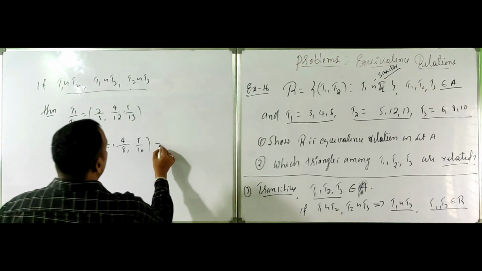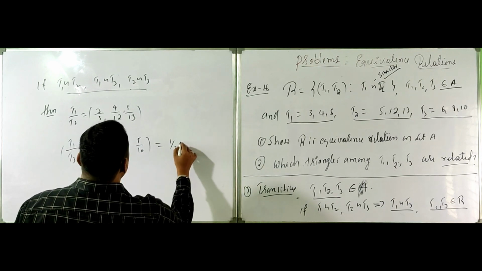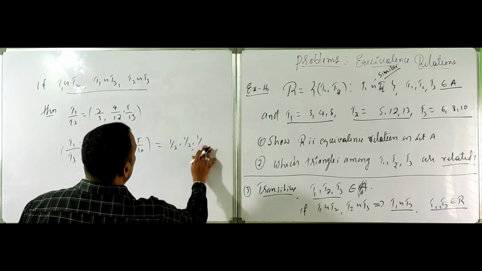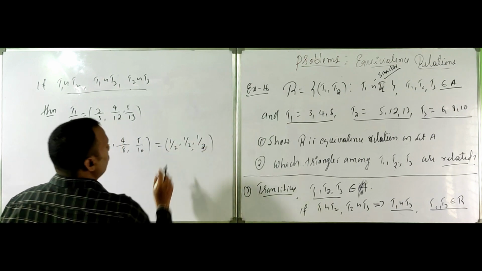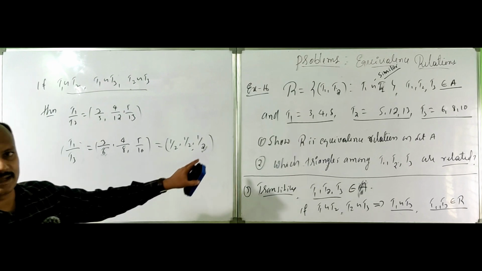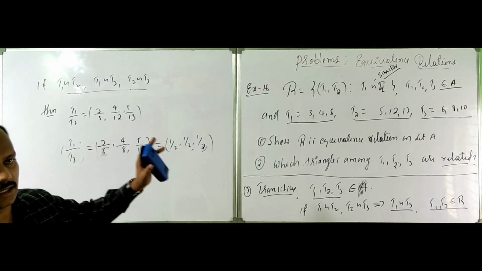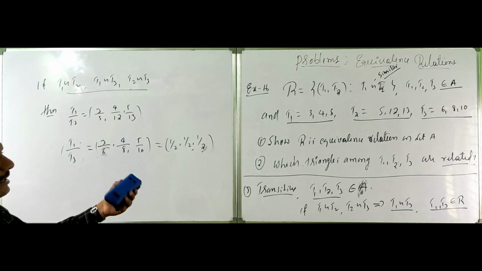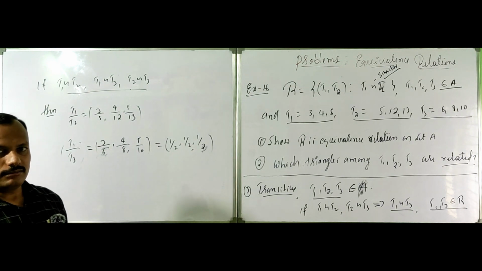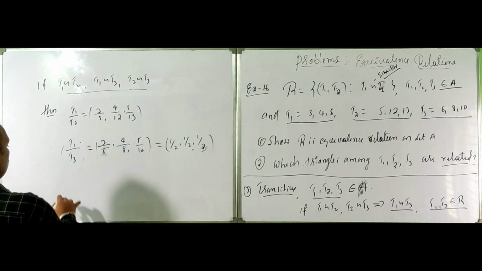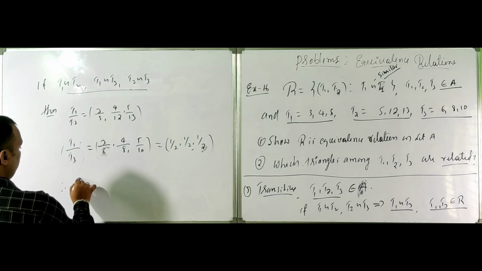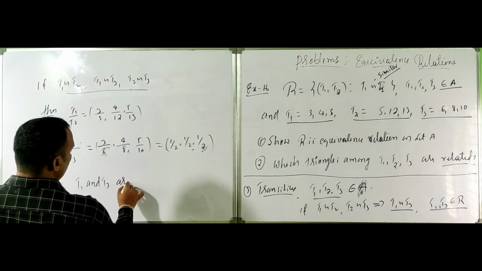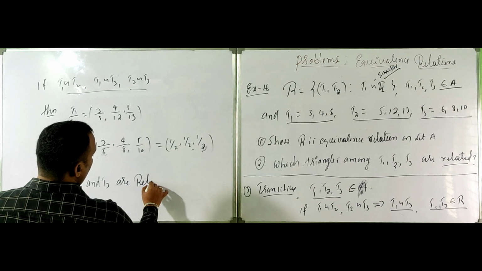This gives 1 by 2, 1 by 2 and 1 by 2, so the ratio of the corresponding parts is equal. Therefore, T1 and T3 are related.